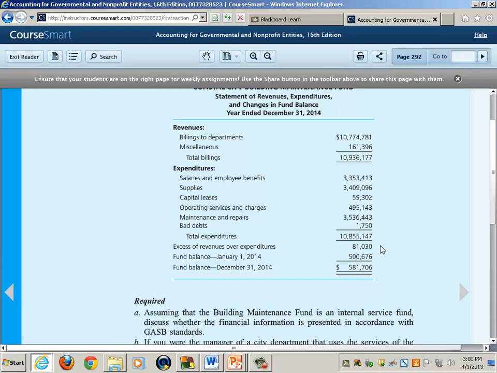This is the question which I went through in the class, which is trying to figure out how do we record interest expenditure rather, in this case, in the debt service fund. Okay, so this bond was issued in September at 6%. Payments are due on March 1 and September 1.